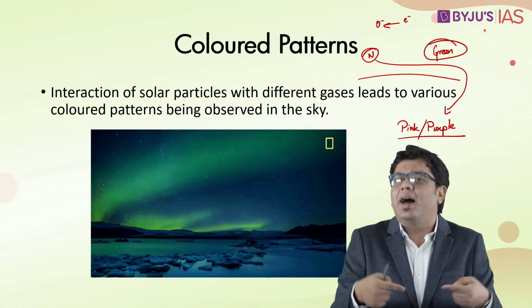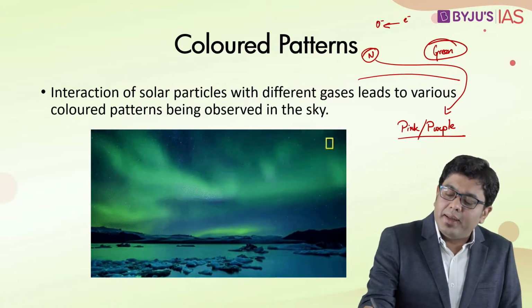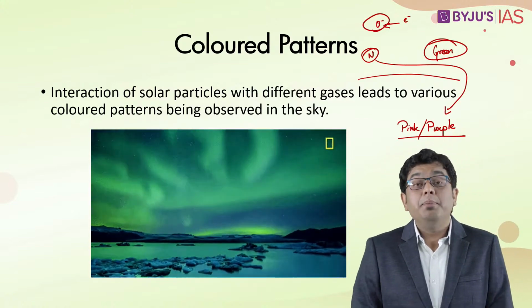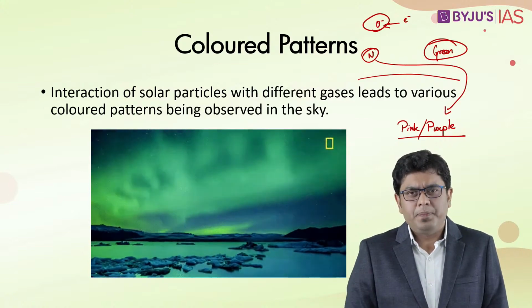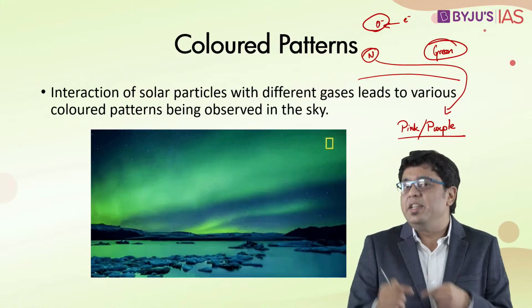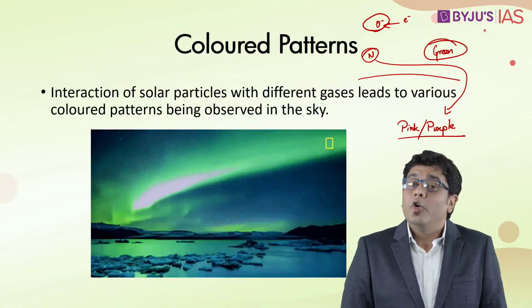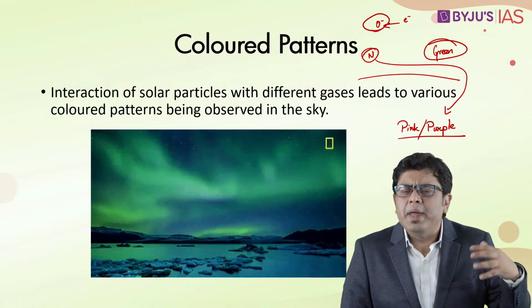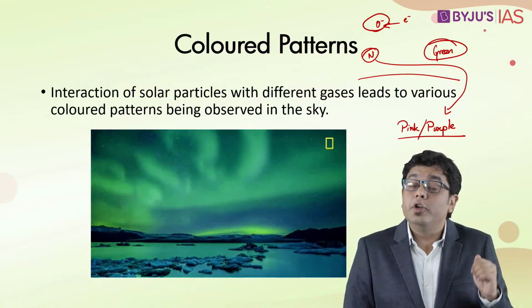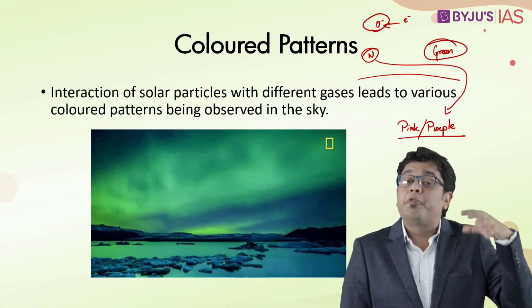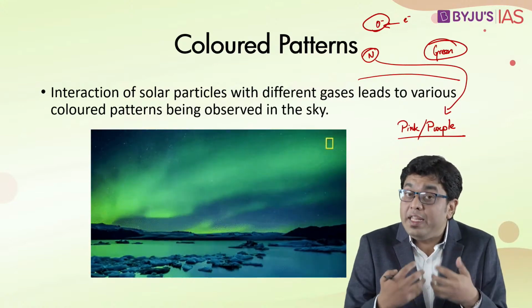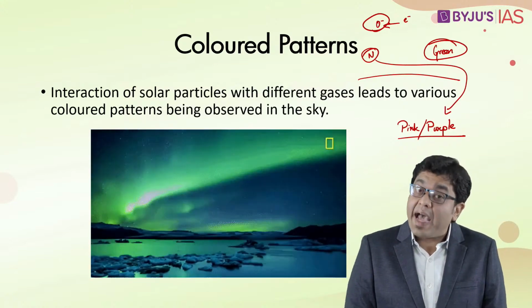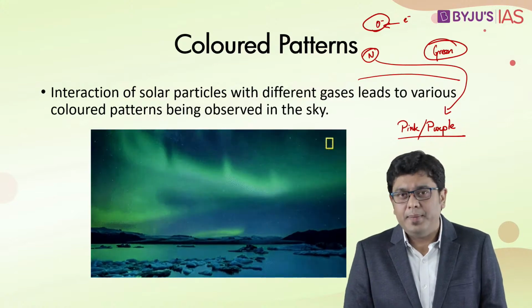And there is not much which prevents that solar energy and those electrons from bombarding the molecules. And this red color is again imparted by bombardment of oxygen molecules. But the only difference being that when you have oxygen molecules being bombarded at a height of maybe around 1,000 or 2,000 kilometers up from the Earth's surface, it is only in those circumstances that you will be able to see the red color.